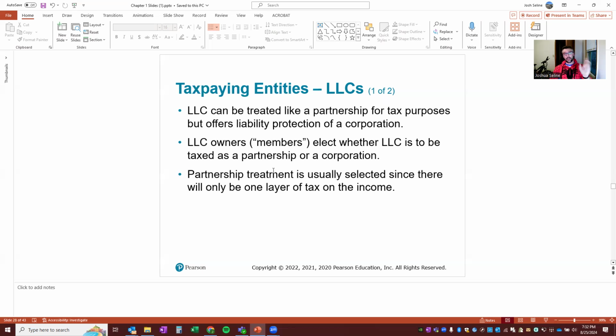If I'm running my business and I do something so horrendous that a third party or a client or customer is injured beyond belief, without that LLC designation, they could come after those Pokemon cards. They could come after my house. They could come after my vehicle. With that LLC, it says, hey, you know what? The buck stops here. They get everything that this LLC is, under this umbrella, but they can't come after me first.